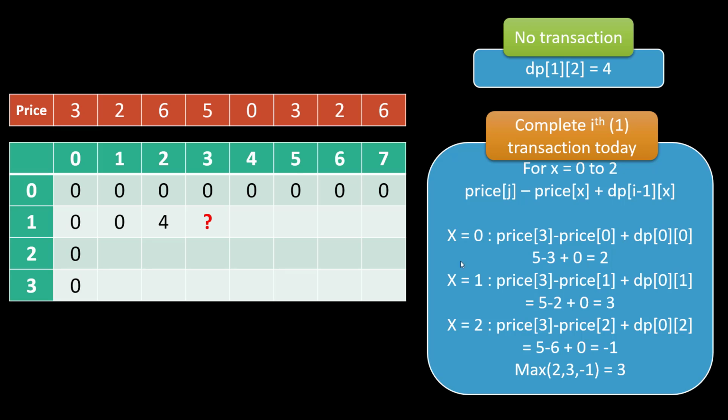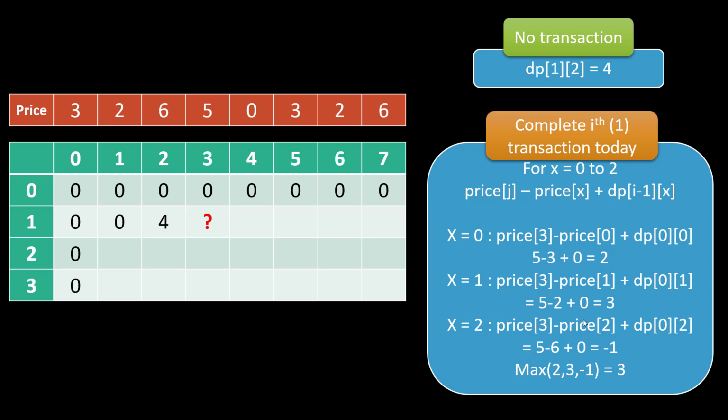Now moving forward, for this cell also we are going to do the same thing, that is, if no transactions, I'll take previous profit, which is 4, or else I'll complete a transaction today, which means I buy on either day 0, 1 or 2, which is this x equal to 0, 1 and 2. If I buy on 0, that means my buy price becomes 3 and my sell price is 5, and the profit for this k equal to 0 is always going to be 0.